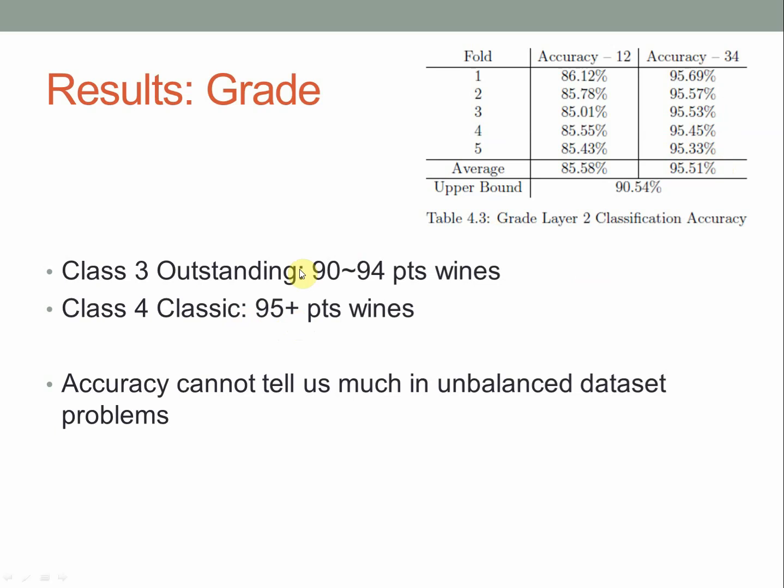There is no y being predicted as class 4, the 95 plus points. Because of the data distribution, we get an accuracy of 95%, simply because we predict everything as class 3 outstanding y's. Therefore, accuracy in this scenario cannot help us understand the performance of the results, and that's why we need to rely on something else.